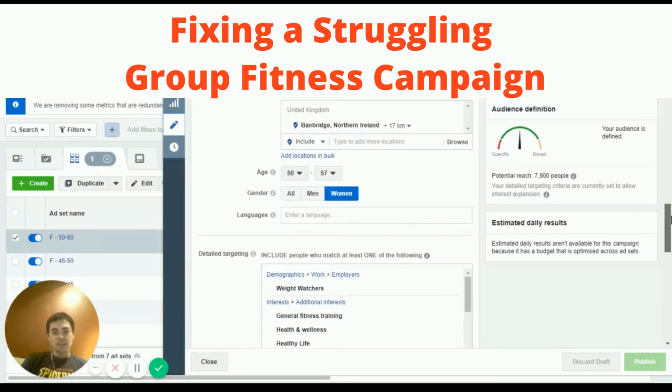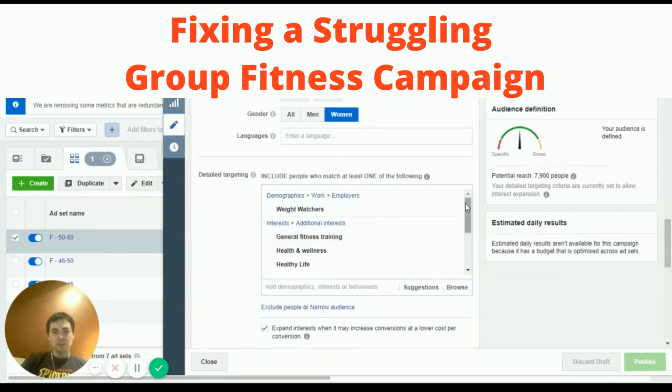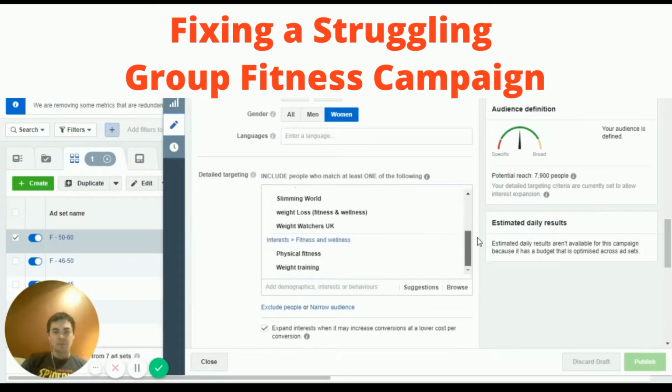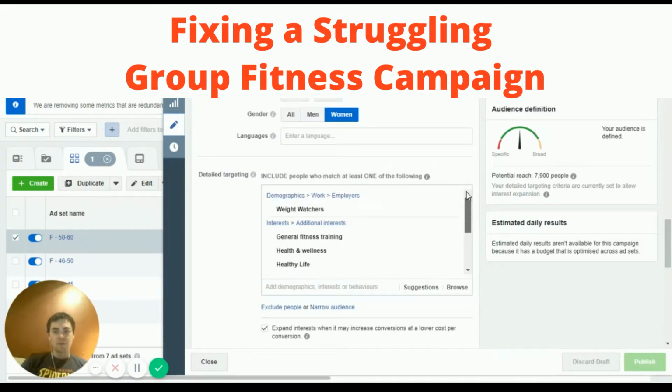The other thing I see is that you've got all this interest targeting here. Now, for local fitness ads, 9 out of 10 times I would say you don't need any interest targeting. So if you're doing big national campaigns or international campaigns where your audiences are getting into the millions of people, then you definitely want to narrow it down by interest, because Facebook will have no way of knowing who the right person is.